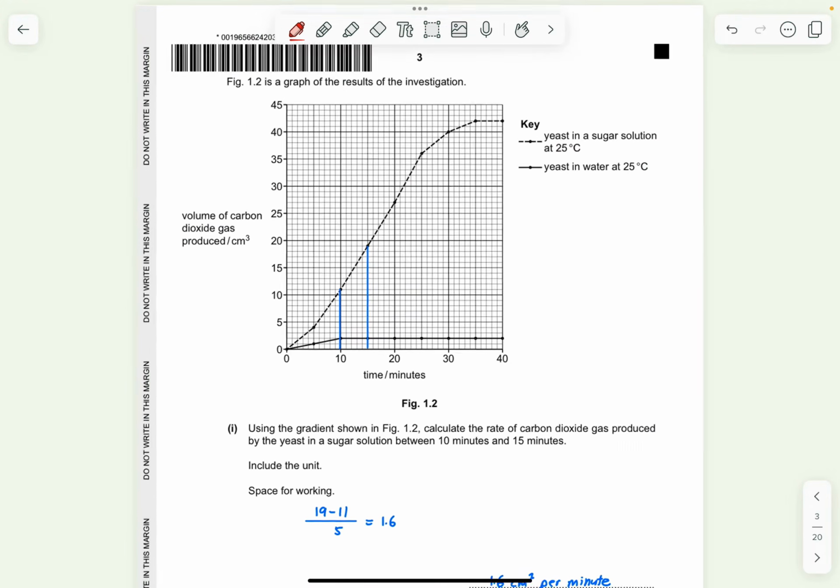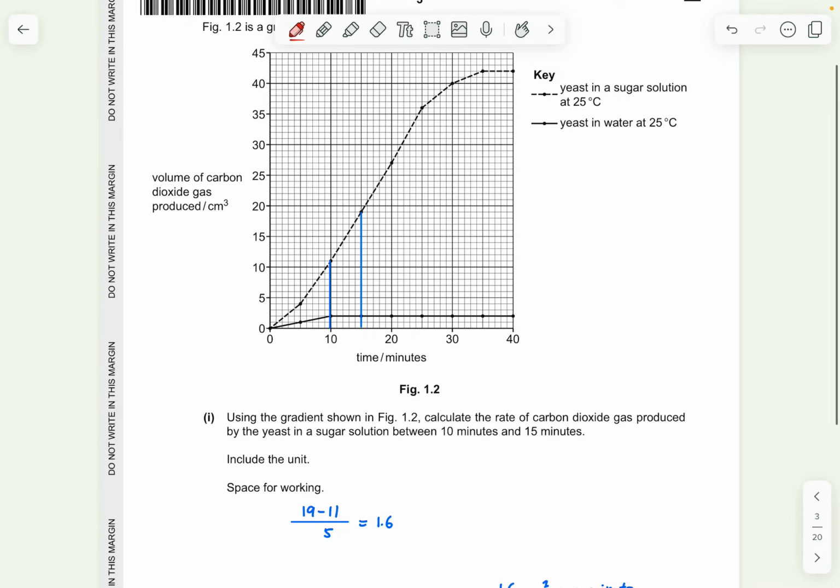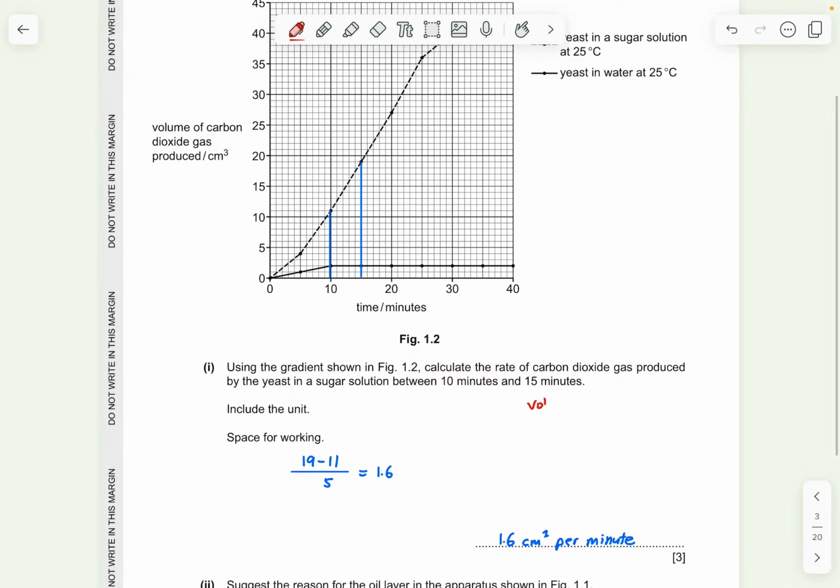Then if you look at the next one, they say figure 1.2 is a graph showing the results of the investigation. Using the gradient shown in figure 1.2, you just have to calculate the rate. So the rate is always the volume produced over time. Volume of gas over time.